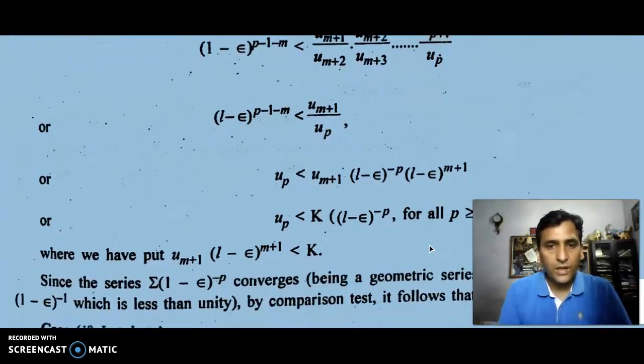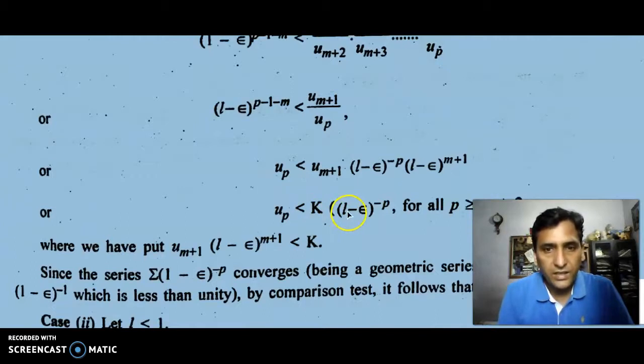Then I can write this is less than k times L minus epsilon to the power minus p, where the term um plus 1 is a positive number, less than some finite number k, so I replace it by k, and the inequality remains.